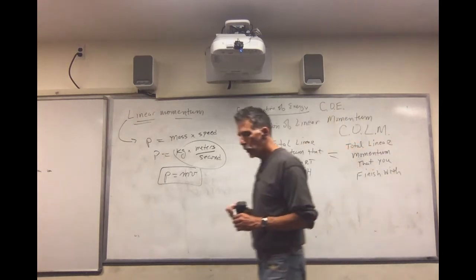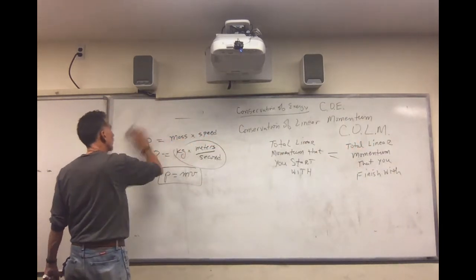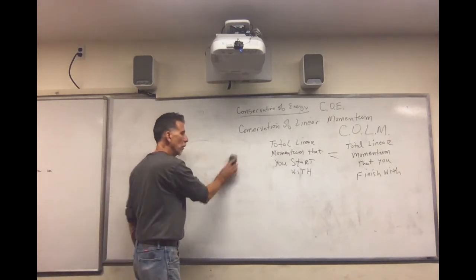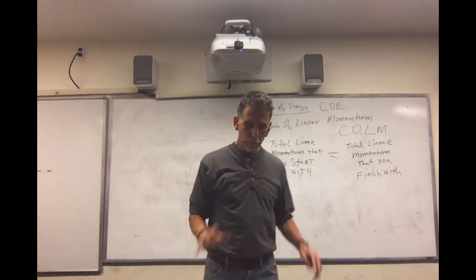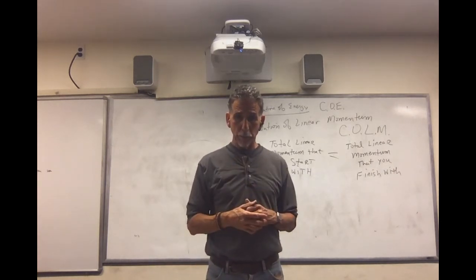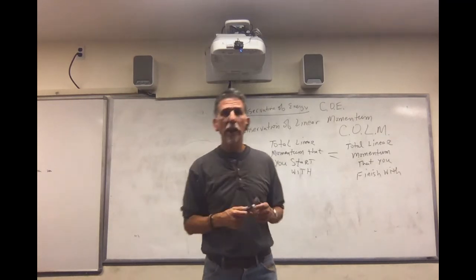Okay, so let me give you a simple problem, a very typical quiz or exam problem. Before I do that, let me give you another example of conservation of linear momentum. Imagine, I don't like guns, but imagine I have a gun.